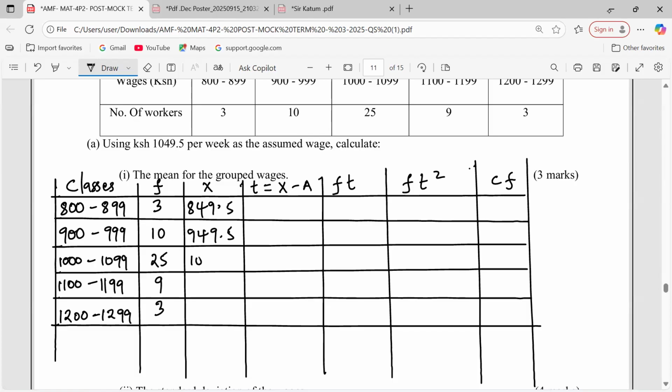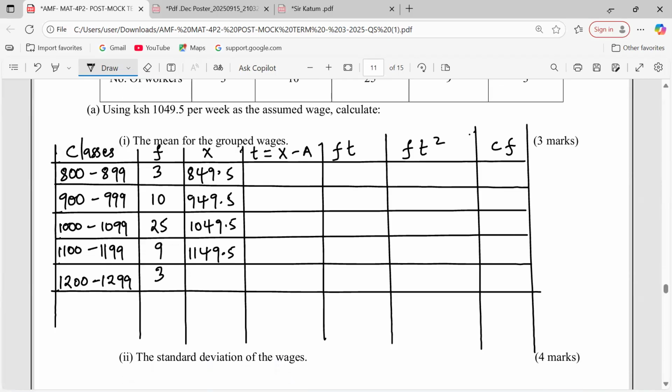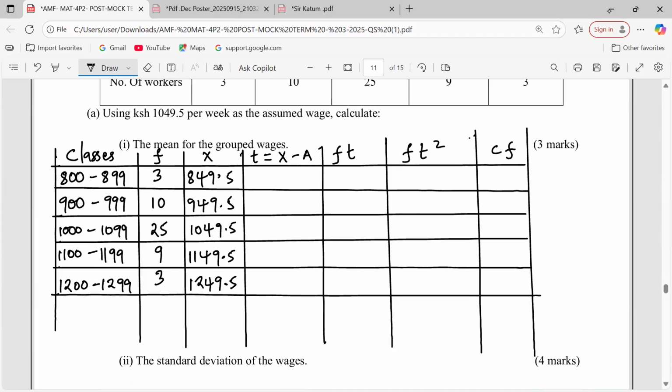We get 1049.5. Then 1100 and 1199, we divide by 2. We get 1149.5. Then 1200 and 1299, we divide by 2. We get 1249.5 that way.